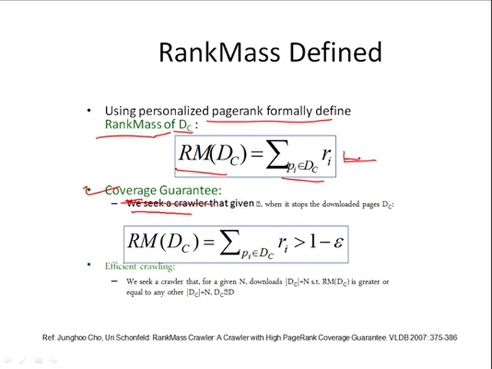We seek a crawler such that the rank mass of pages in our collected documents is always greater than 1 minus epsilon.